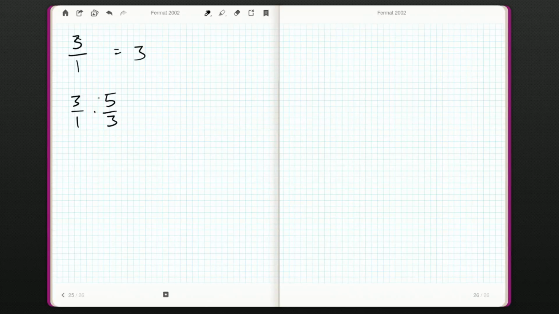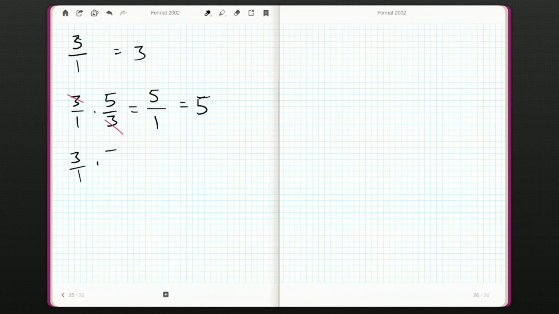Well, 3 times 5/3, you could grab your calculator, or you can realize that when we do fractions, we multiply the tops and multiply the bottoms, so these 3's are going to cancel out, and we're going to be left with 5 over 1, which is 5.